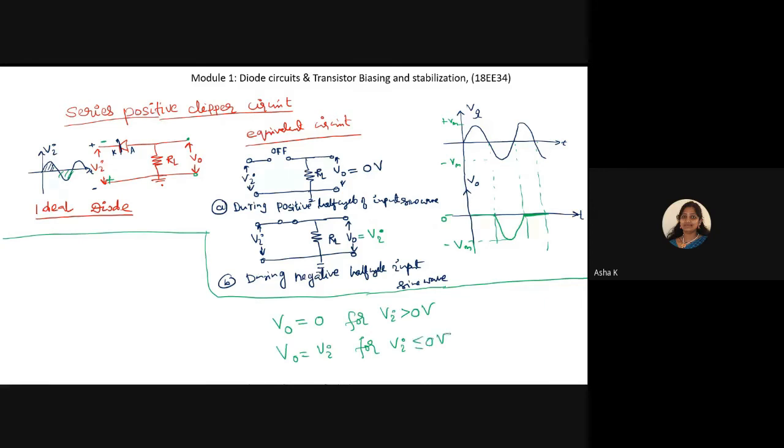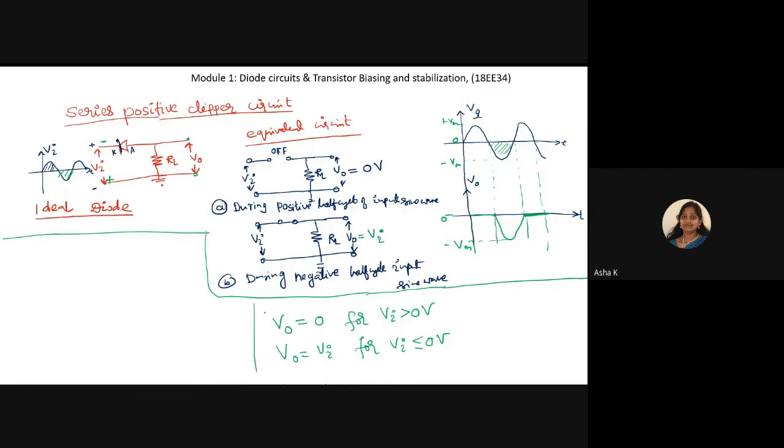Whenever V input is greater than 0, information is clipped off, hence the output voltage is equal to 0. Whenever the input is less than or equal to 0, the output voltage will be equal to the input voltage. Whatever input voltage I have here, I get here. And again, during the positive half cycle, the output voltage is 0.